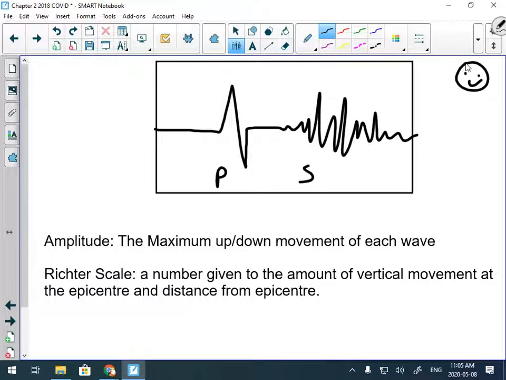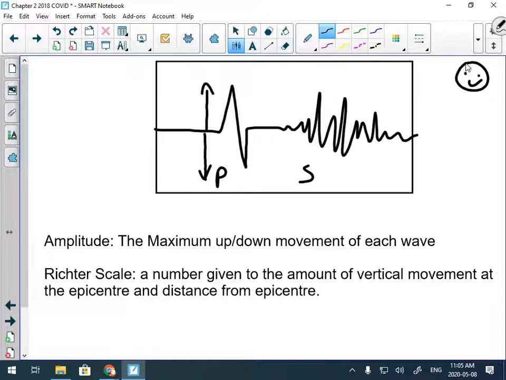Now, there are two things used to calculate the strength of an earthquake, but also where the earthquake occurs. The first is the amplitude, the maximum up and down of a wave measured by the machine. Obviously the more powerful earthquakes are going to have greater amplitude.